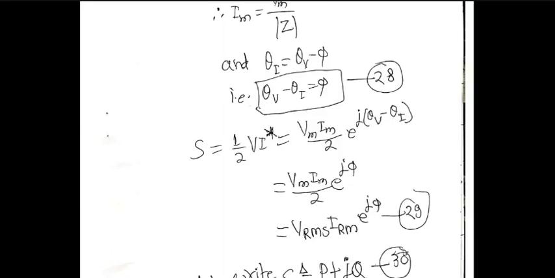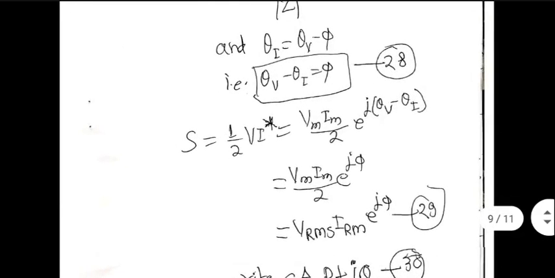There's a bit of a typo here. Just excuse me for that. This should be Irms, not Irm. So complex power in a series RLC circuit is Vrms Irms e to the power j phi. It's not purely imaginary or purely real now. e to the power j phi is cos phi plus j sin phi, right?